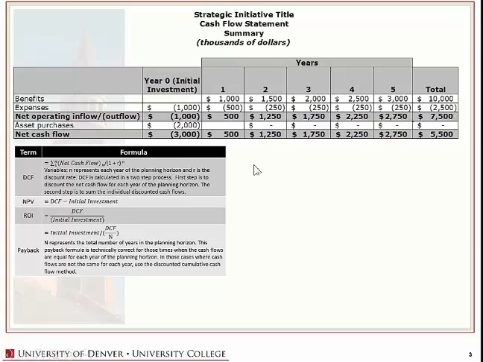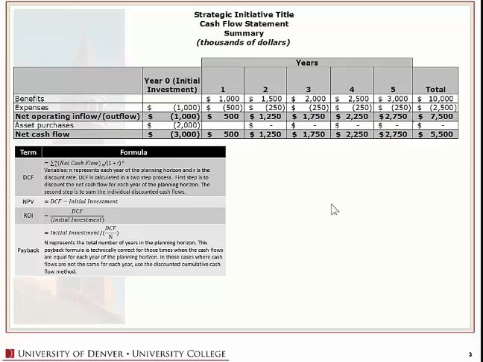And that net cash flow is the starting point for determining the discounted cash flow, which takes into account the time value of money. Remember when I said before, when we just simply did this statement, you simply can't total these all up and actually have that mean anything. So even though there's a total over here, it really doesn't mean a whole lot because we haven't taken into account the time value of money.